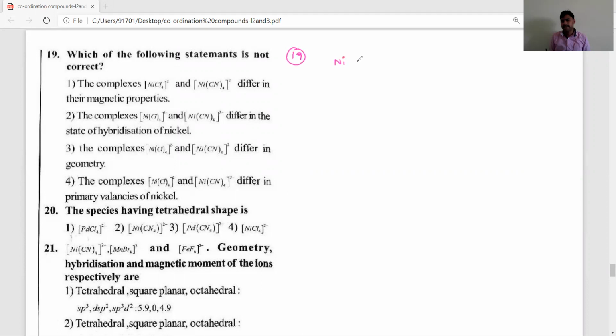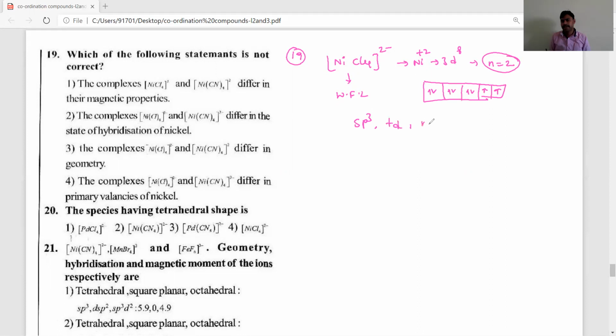NiCl4 2-. The nickel oxidation state is +2, with 3d8 electronic configuration, and chloride is a weak field ligand. Weak field ligands mean the 8 electrons are filled according to Hund's rule, so n is equal to 2 unpaired electrons. Its hybridization is sp3, tetrahedral geometry, paramagnetic nature.